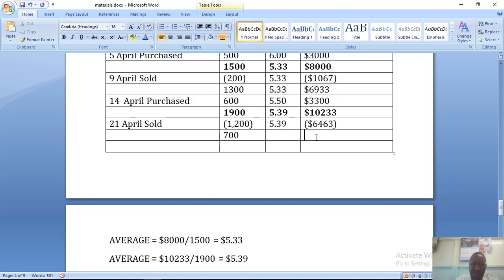That will be 3,770 as the closing inventory value. These units are valued at 5.39. That's the value of closing inventory.